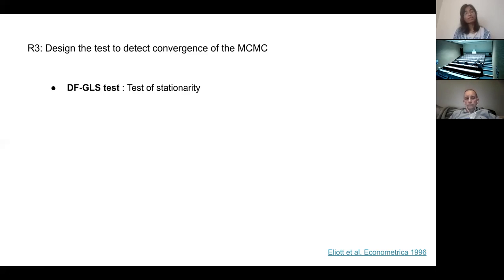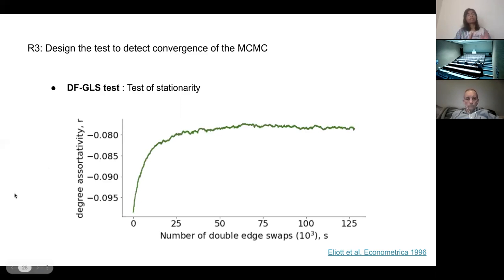A time series is called stationary when the mean, the variance, and the covariance of the time series are not changing over time. For illustration purposes, let us suppose that we have a time series of degree associativity as more and more swaps are applied. We are going to look at a window of this time series, and we're going to apply the DFGLS test.